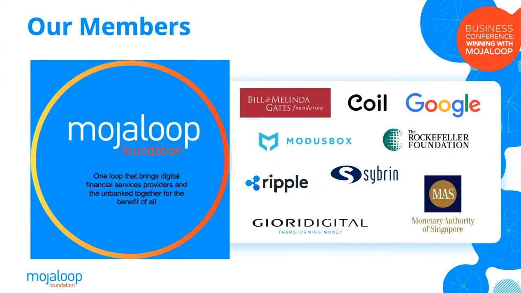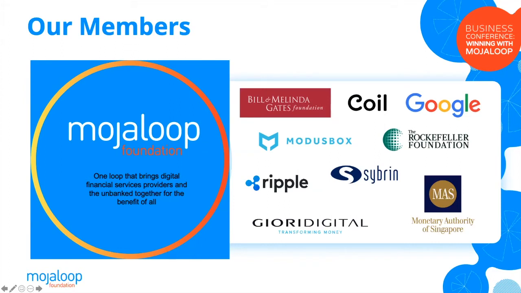I'd be remiss if I didn't thank our member organizations. As I mentioned earlier in my slides, we have a board of directors, we have a technical governing board. Those 2 boards are populated by our members listed on the slide here. And members are an important factor in how we operate as a nonprofit foundation.